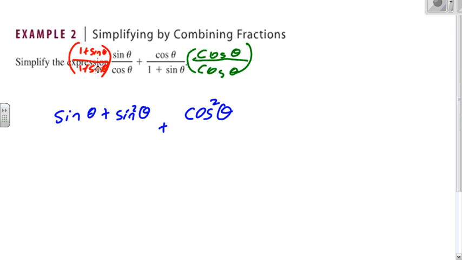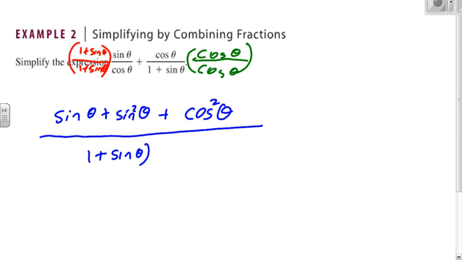We have a common denominator in cosine times 1 plus sine. So let's write that all together as one fraction.